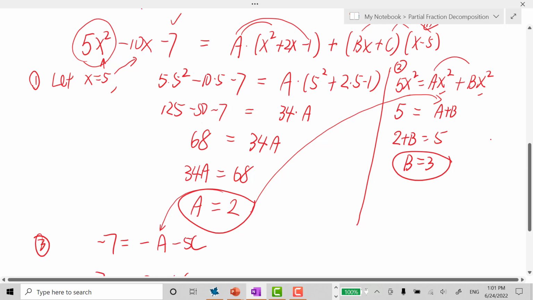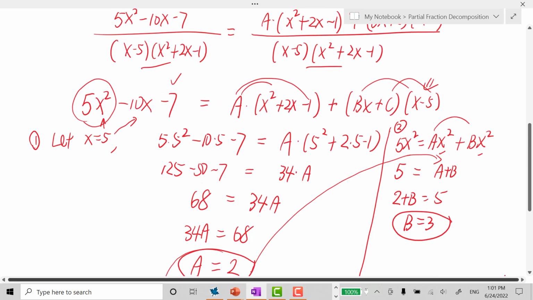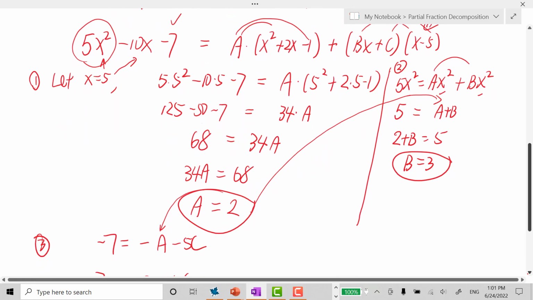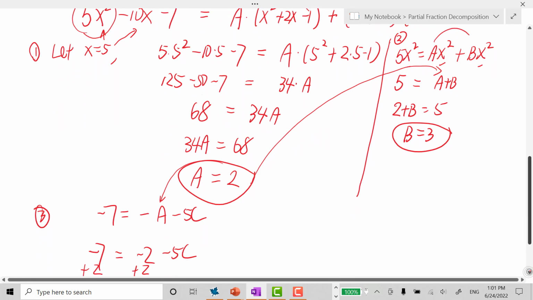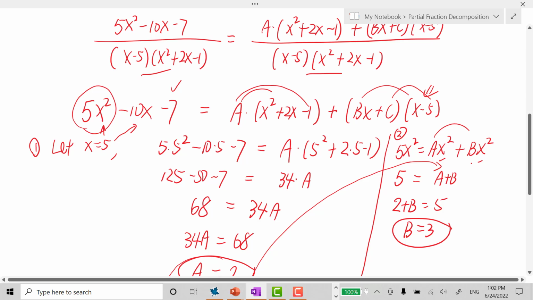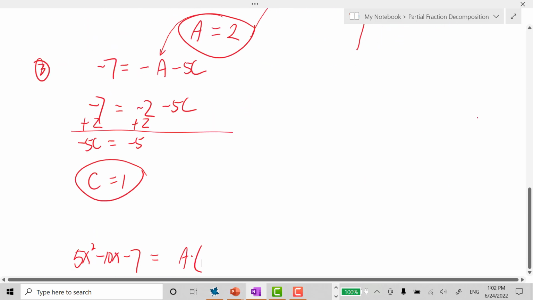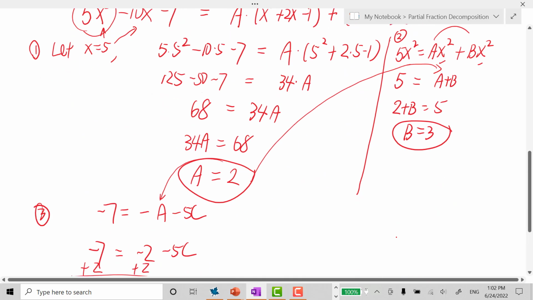We can also take another approach. Let's copy this: 5x squared minus 10x minus 7. On the right, it's 8 times x squared plus 2x minus 1, and the other term is bx plus c times x minus 5.